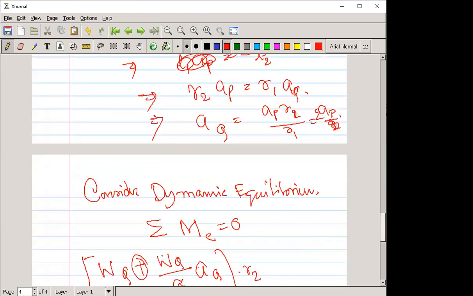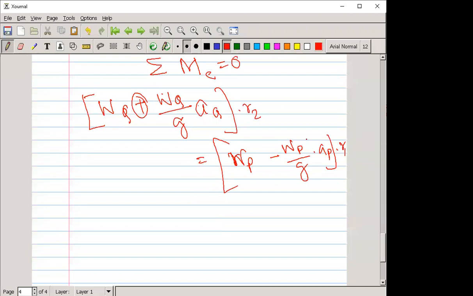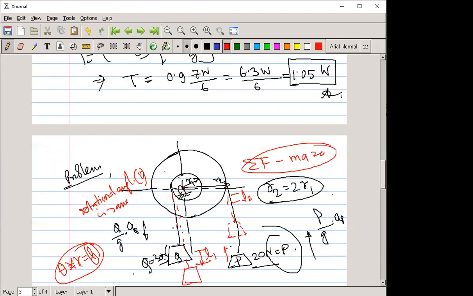P is related to R2 and Q is related to R1 as per our figure. So it is plus Q by G into AQ, which is connected with R1, and minus P by G into AP into R2.